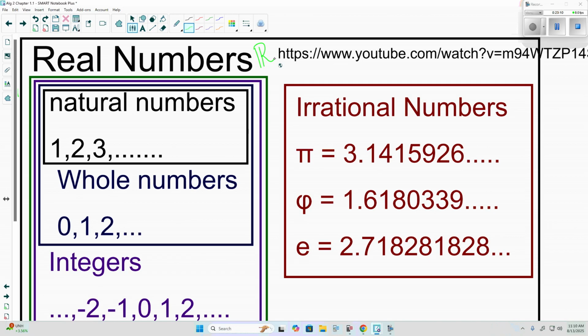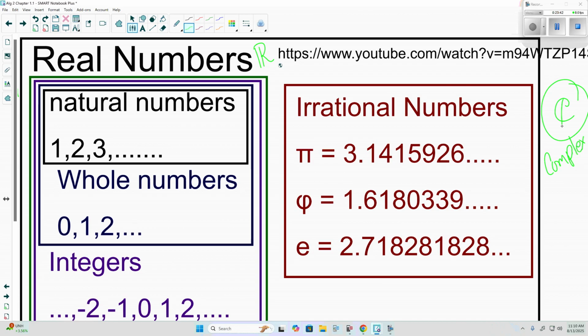Now that begs the question, if we have something such as the real number system, that means there also must be what? And those numbers are off to the side. We call them the complex number system. You don't have to put that down. We'll talk about it later, especially when we get into quadratics and quadratic equations.